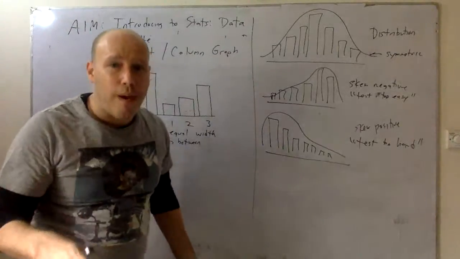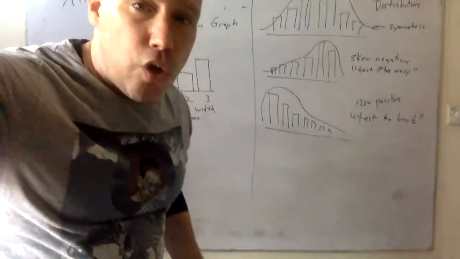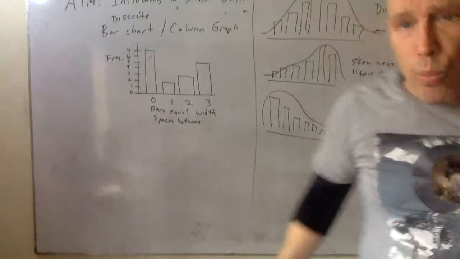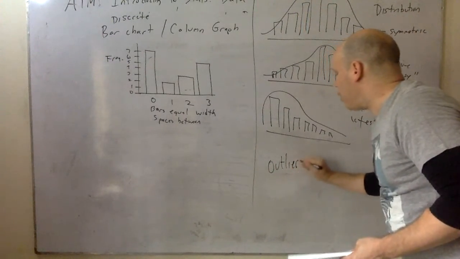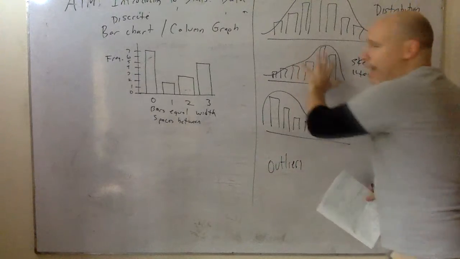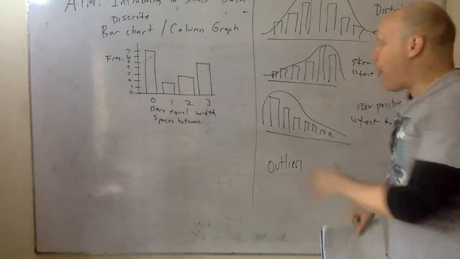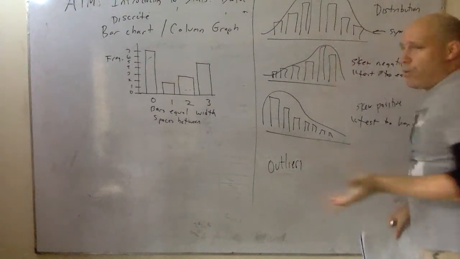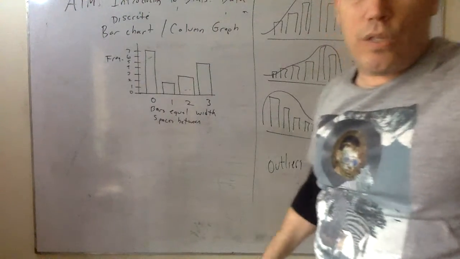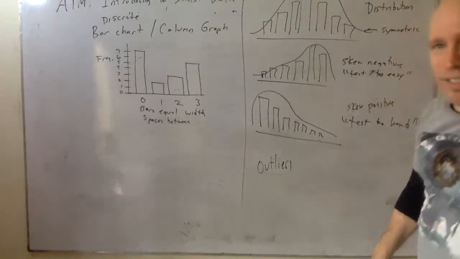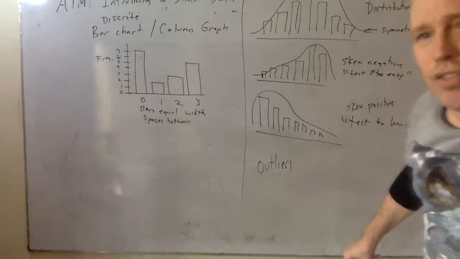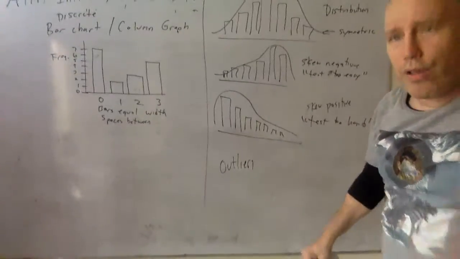The last thing I want to talk about is the idea of an outlier. So you're going to be looking at data sets for homework, and most of the data is supposed to be within the range. Most of the kids in the class are supposed to do around the same. But every once in a while, and maybe you've learned this in your science class, you're going to get a data point that just does not seem like it belongs.